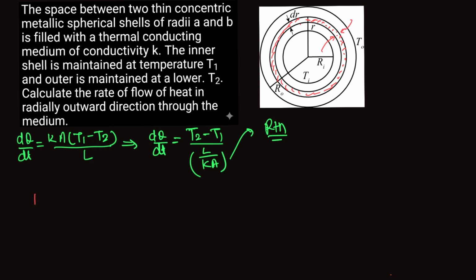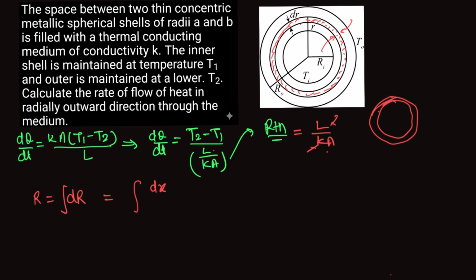And if I calculate, R will be equal to the integration of dr, and that is dx, the length. So R_TH is equal to L divided by KA. First I write length, then K, then area. So dx is the length of this strip, and the temperature difference across it will be across x, divided by K into A.